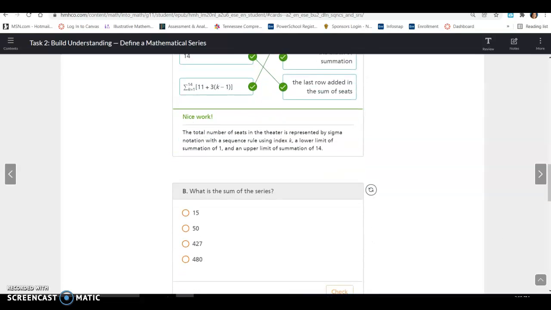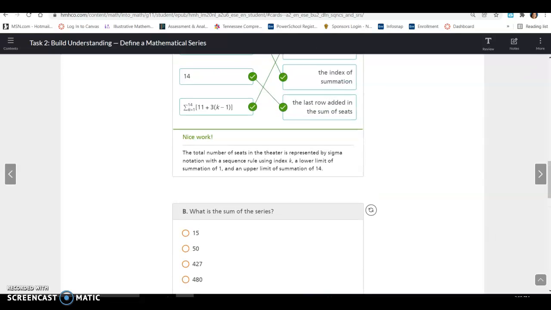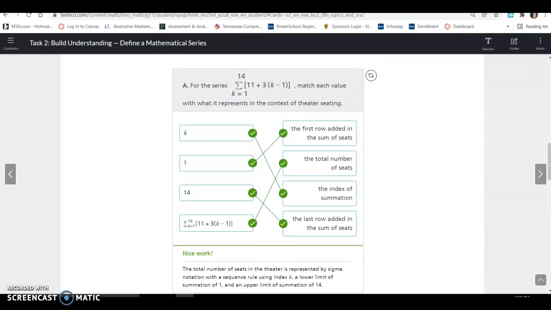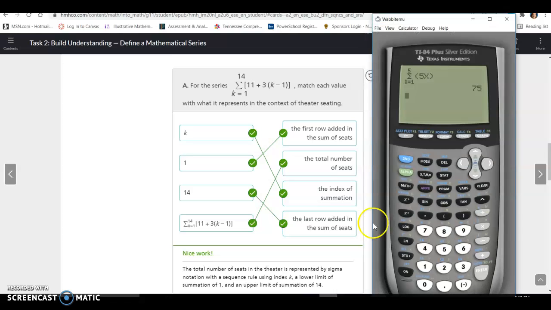What is the sum of the series? Well, let's use a calculator to find out how many seats are in that theater. So again, go to math, arrow up to 0, that's your summation. And I'm going to type in from 1 to 14 this time. So x, 1, and then 14.